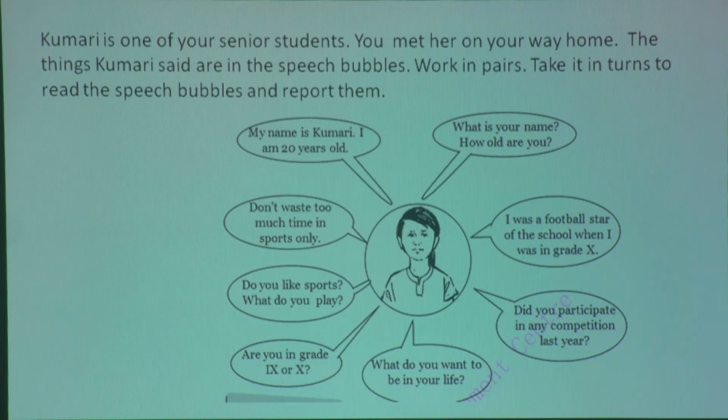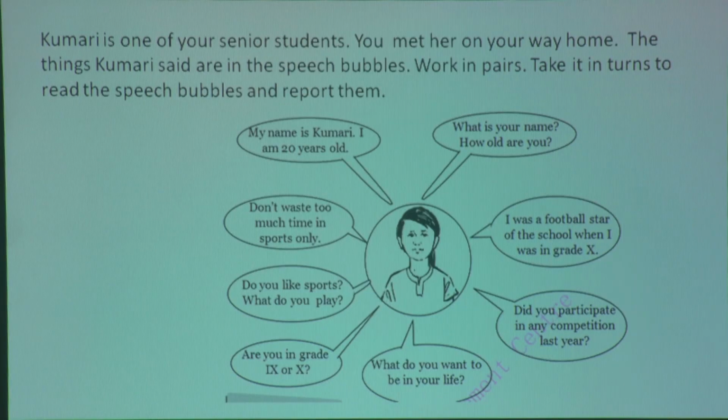Kumari is one of your senior students. You met her on your way home. The things Kumari said are in the speech bubbles. The circles pointing to Kumari are called speech bubbles. And work in pairs. Two friends start talking. Take it in turns to read the speech bubbles and report them.